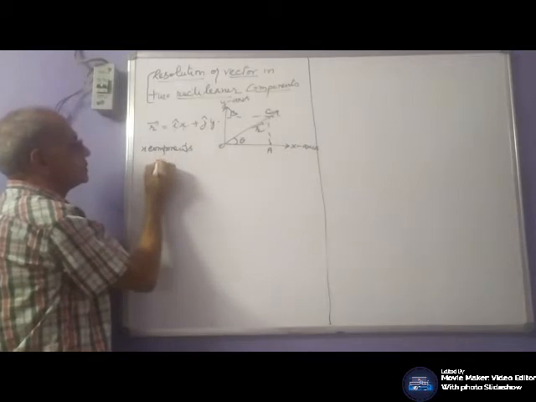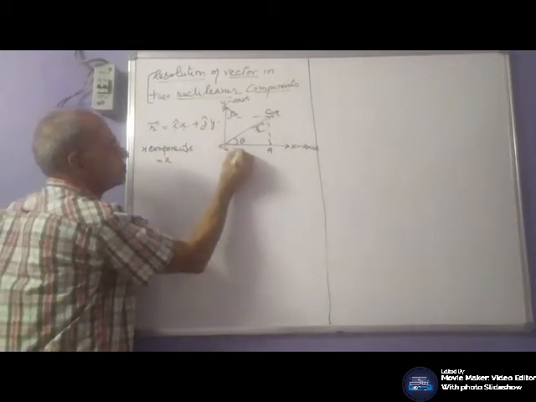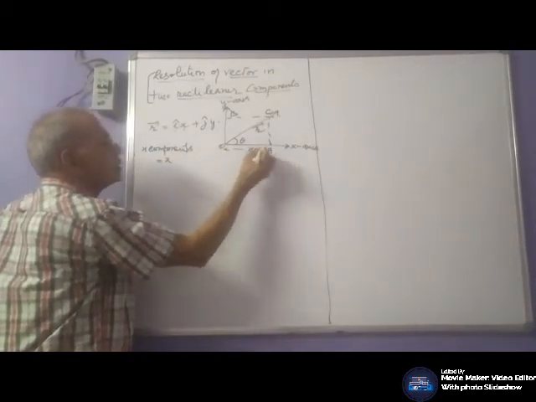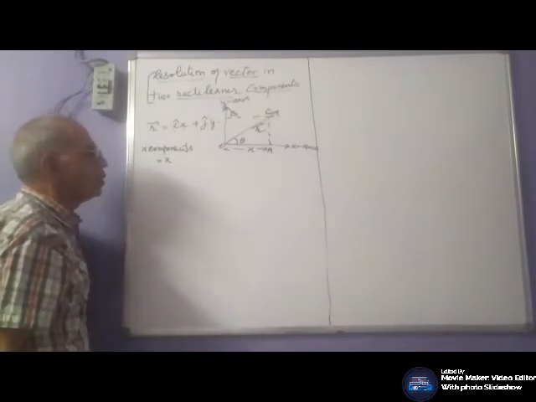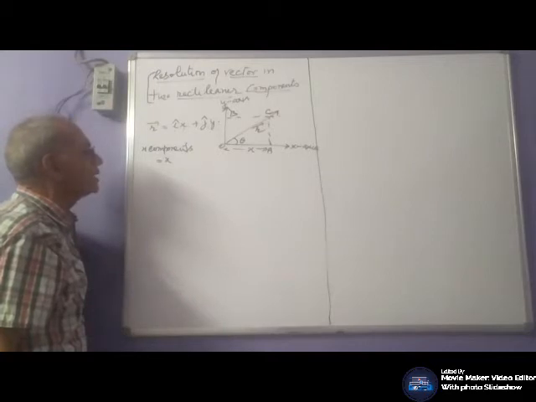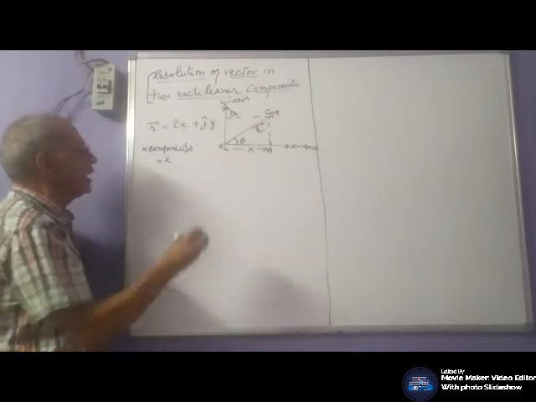It is x. This OC is magnitude R. This OA is magnitude x. X component is x.